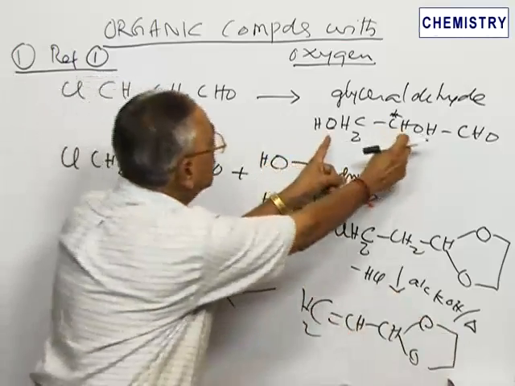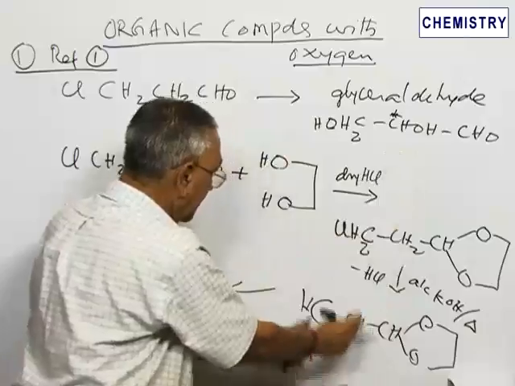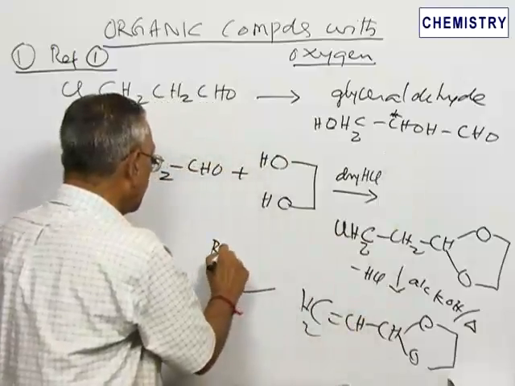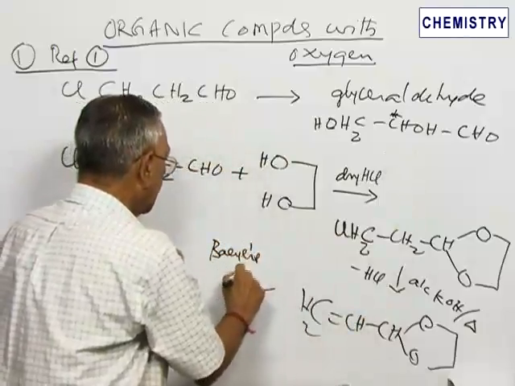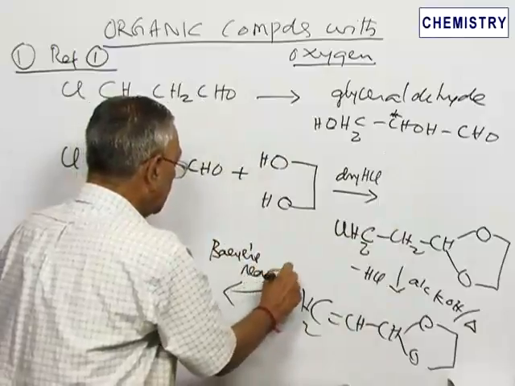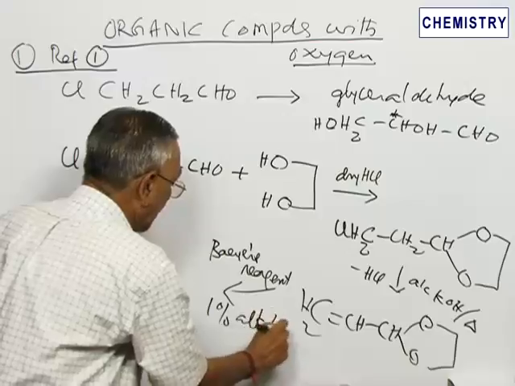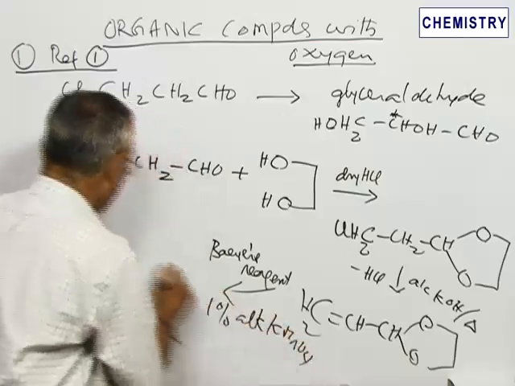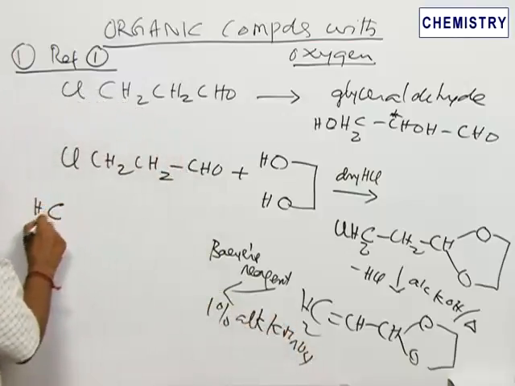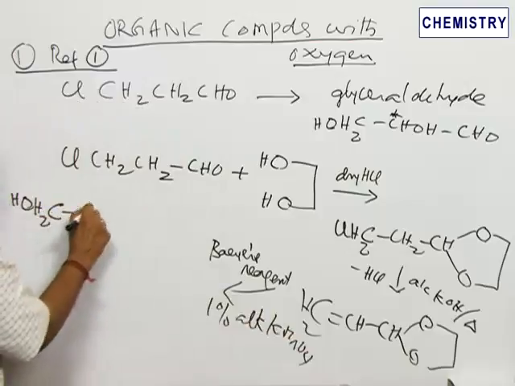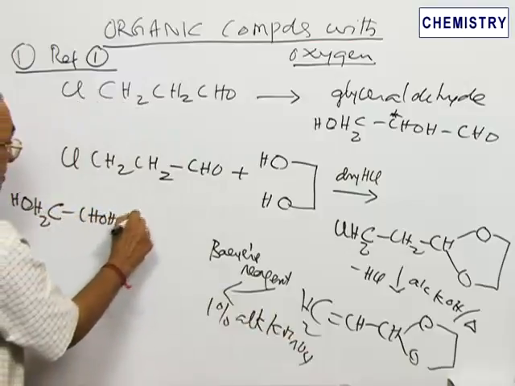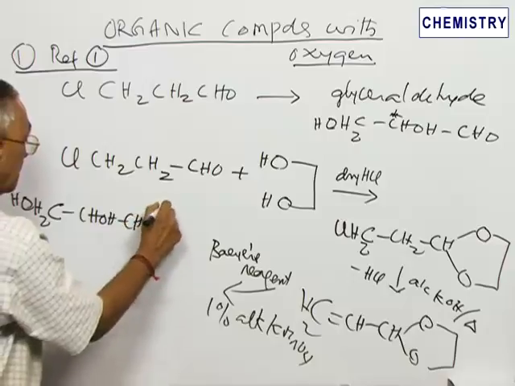Our object is to introduce 2 OH groups here. It is very easily introduced by means of Baeyer's reagent. Baeyer's reagent, as we all know, is cold, dilute alkaline permanganate. So you will get this compound, CH2OH, CHOH, with the protected aldehyde.